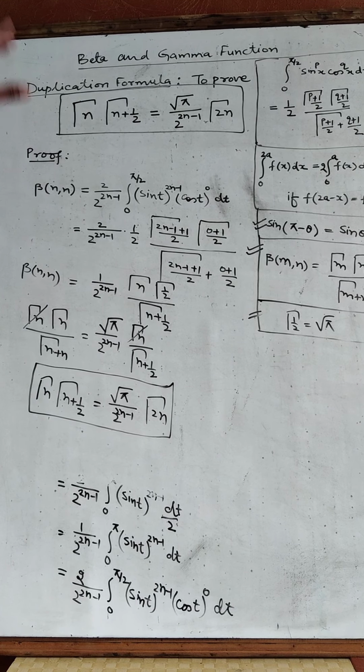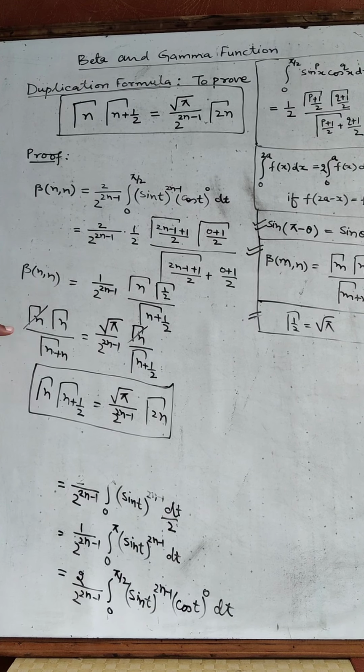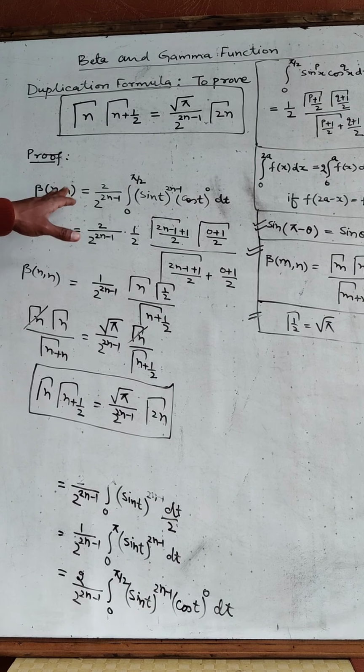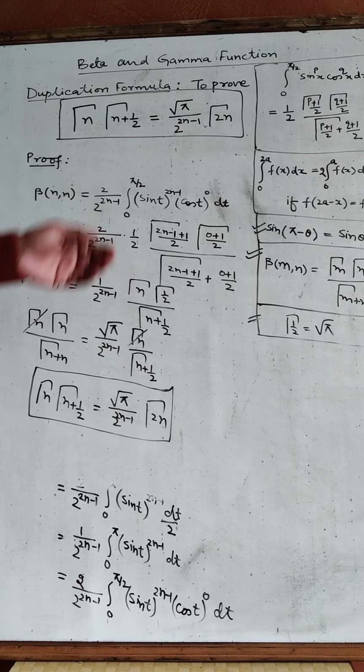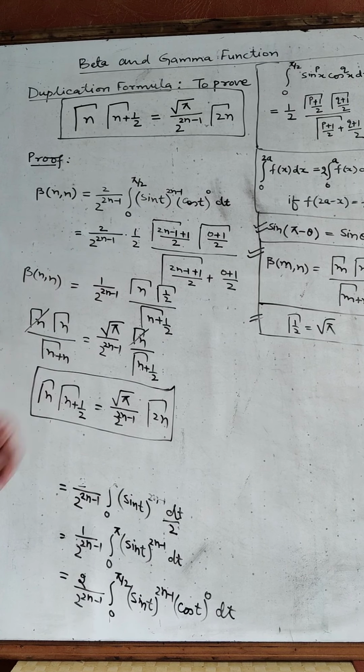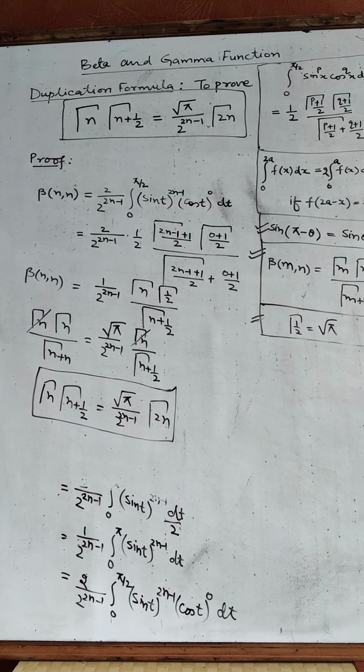So students, again look, first we have shown that beta of n, n is equal to the definite integral 0 to pi by 2 sine raised to the power 2n minus 1 of t.